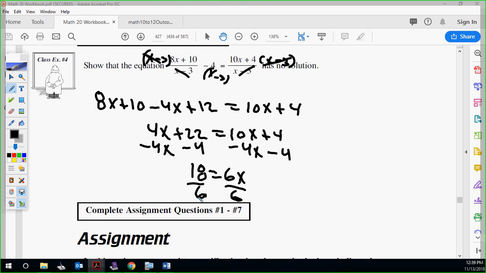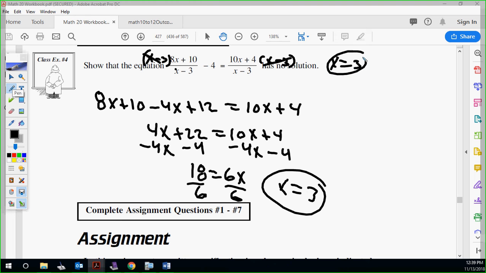Divide 6, so we get x equals 3. X equals 3 is what? A non-permissible, so it's a problem. Okay, because we know that x can't be 3. Okay, so that's not allowed. Okay, so this answer, since that's my only solution, has no solutions.